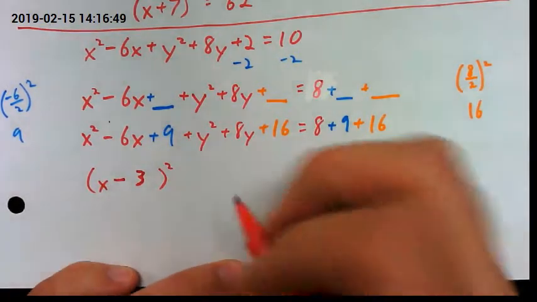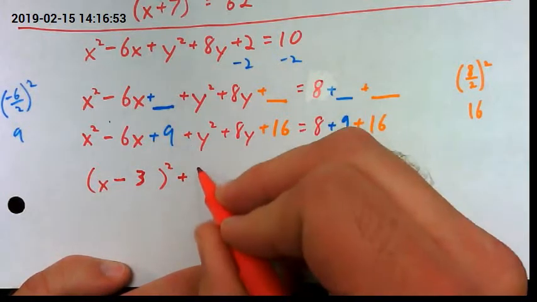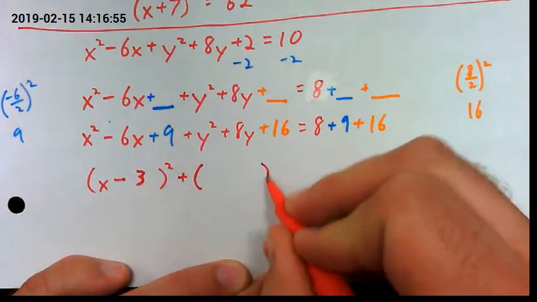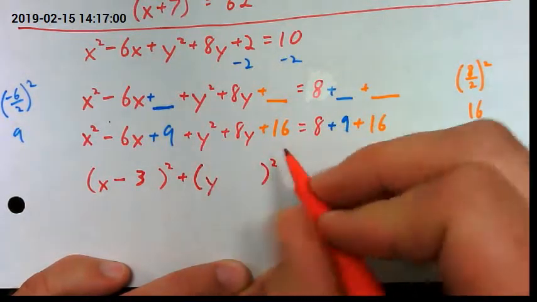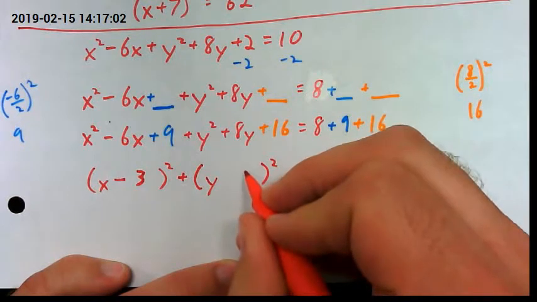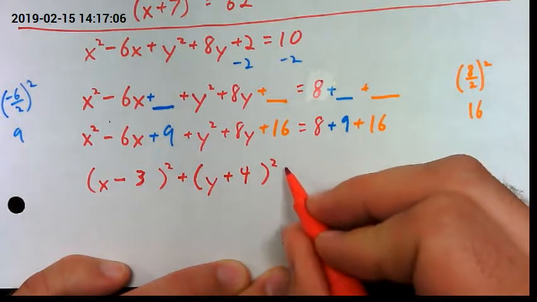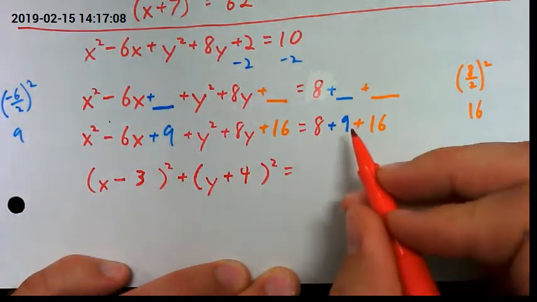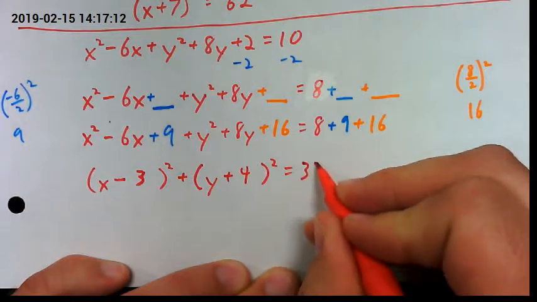Right. Then, we still are going to have a plus sign in between. But then, for the y values, the square root of y squared is? 5. The square root of 16 is? 4. And the sign in the middle? Plus. On the other side, 8 plus 9 plus 16 is 33.